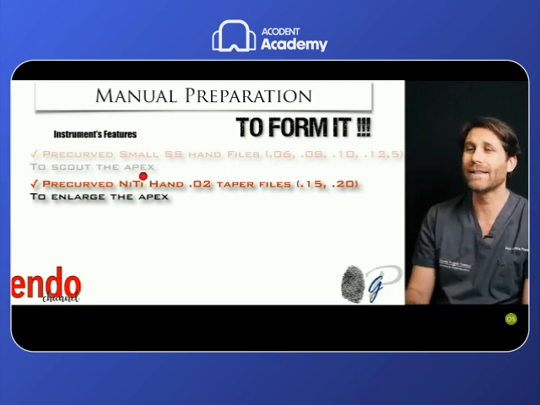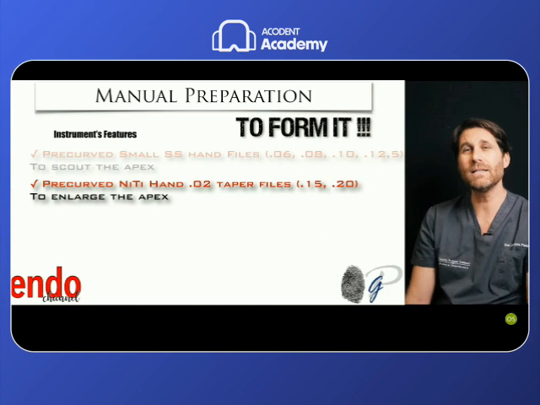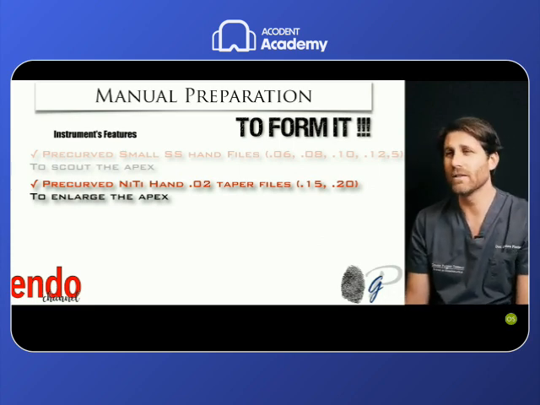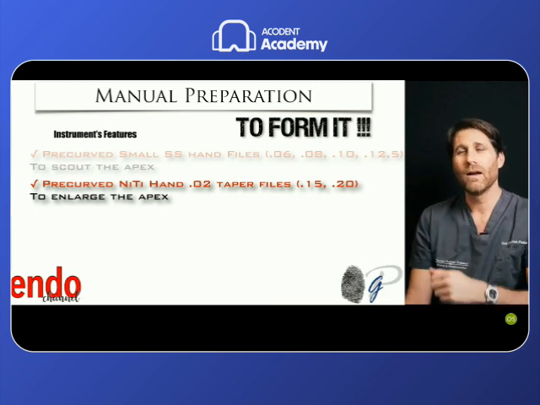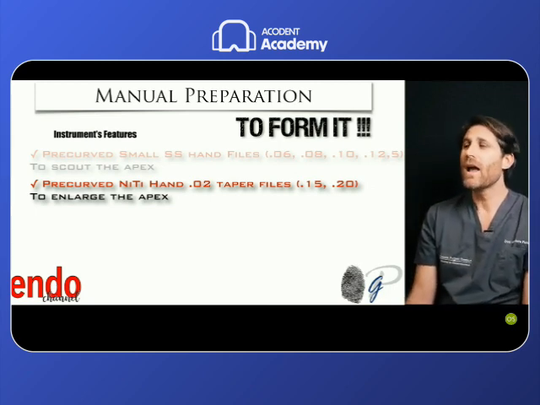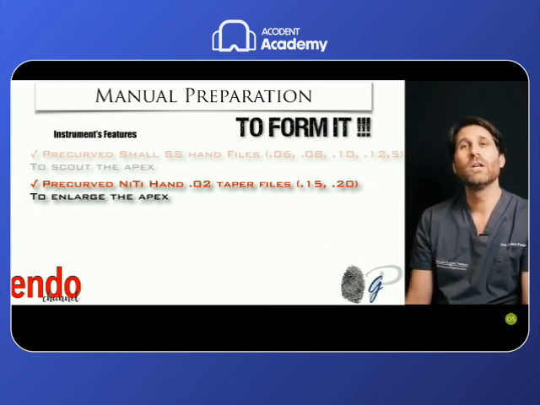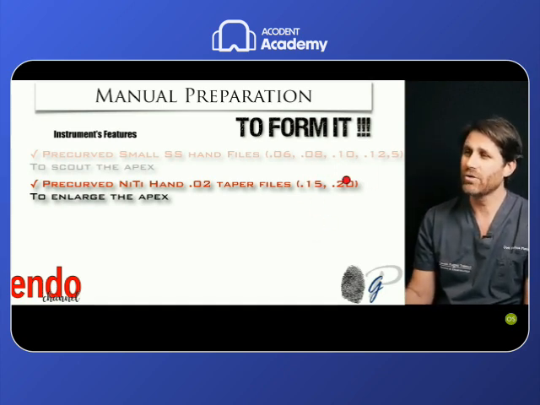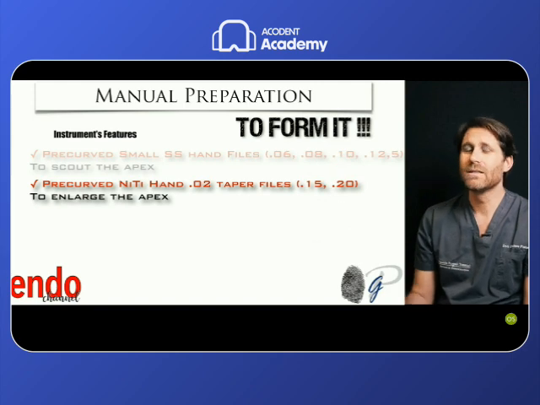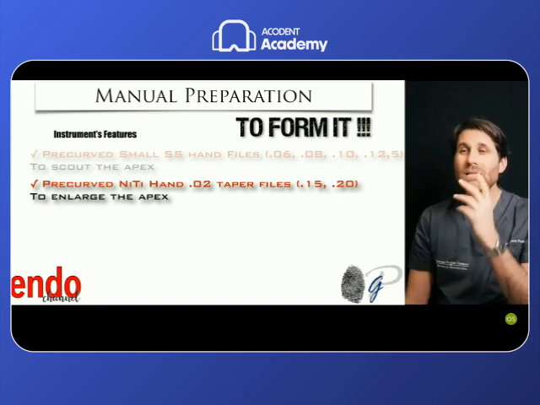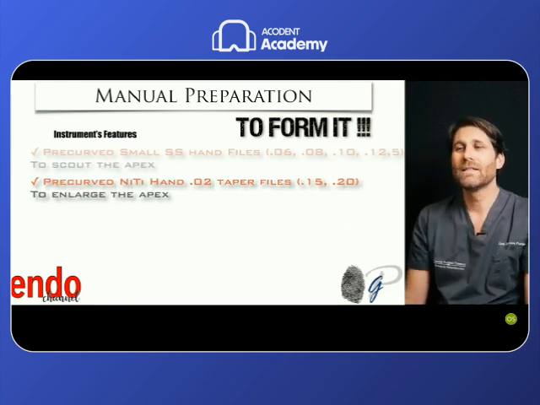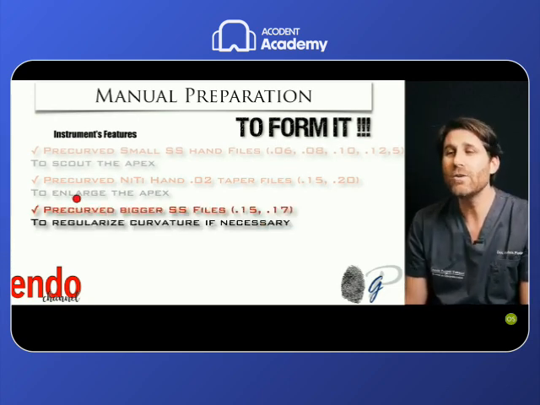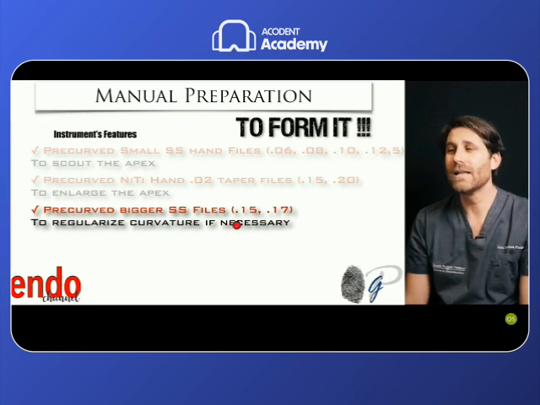I like to use nickel titanium in these bigger sizes because they are much more flexible than stainless steel. So they can be precurved with an exaggerated precurvature, and they can be used in this situation to reduce the risk of transportation of the apex that comes with bigger stainless steel files. But sometimes they are not enough. Sometimes to regularize this anatomy, we have to even use bigger precurved stainless steel files.